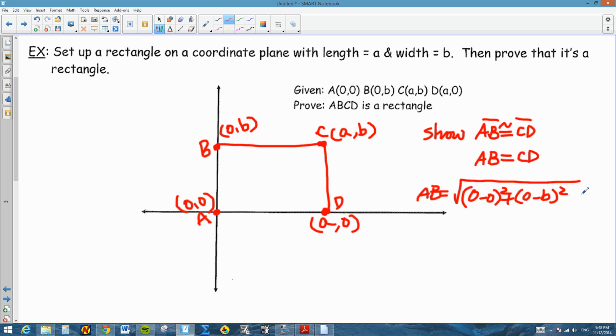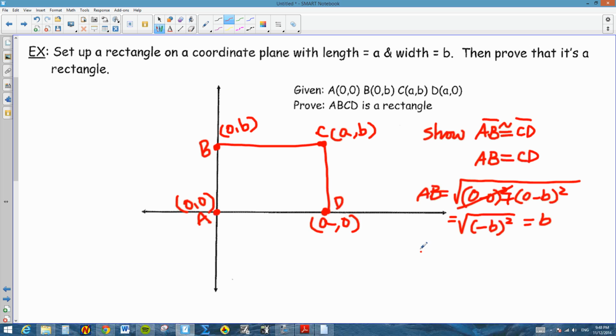That gives you the square root of 0 plus b squared. Negative b squared equals b squared. The square root of that is b. So your length is b.